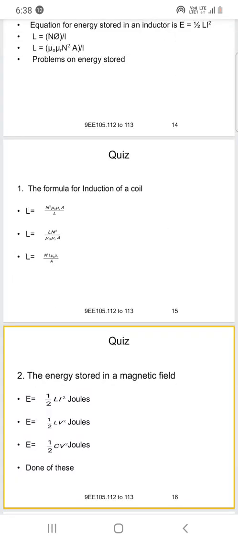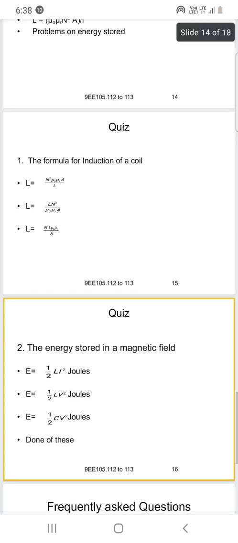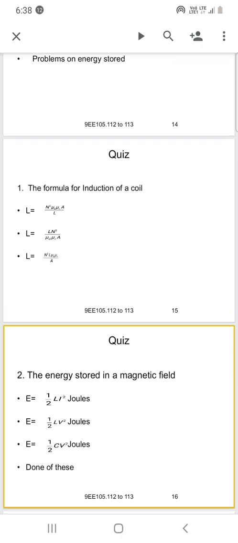L equal to N square into mu naught into mu r into A by l; L is equal to l into N square by mu naught into mu r into A; and L is equal to N square into l into mu naught into mu r by A. So the first option is the correct answer, where l is the length of the conductor. N square into mu naught into mu r into A by l, where l is the length of the conductor. Here the capital L is the inductance of the coil.